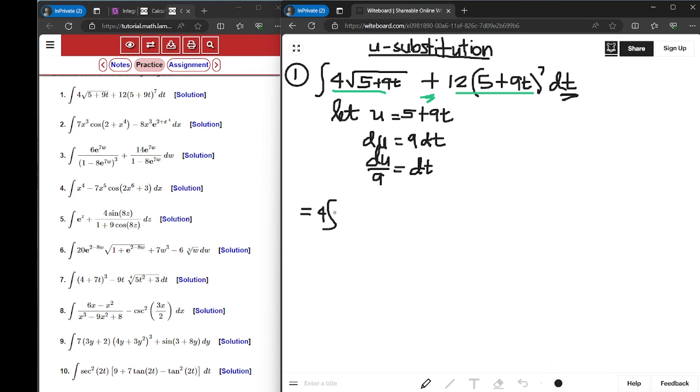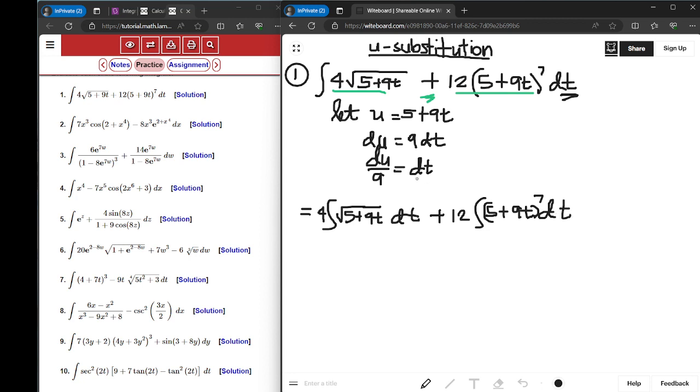Then 4 times the integral of square root of 5 plus 9t dt plus 12 times the integral of the quantity 5 plus 9t to the power of 7 dt.